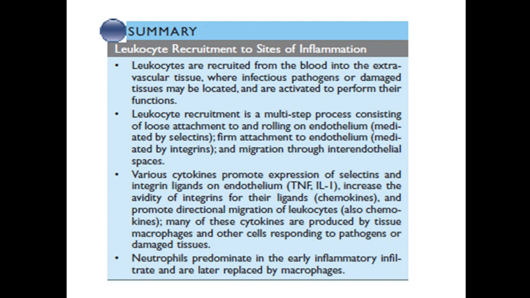Now, how are leukocytes recruited? Normally, in the laminar flow or the axial flow, the leukocytes flow in the central zone of the blood flow. But when tissue injury occurs, or if there is a dead or necrotic tissue lying, these leukocytes migrate from the central flowing zone to the peripheral zone, and they get attached to the endothelium and again get detached.